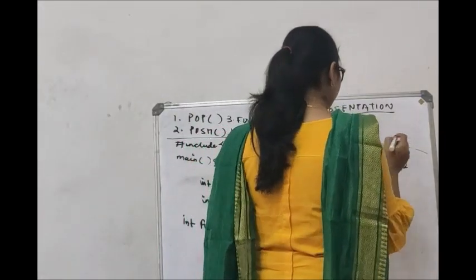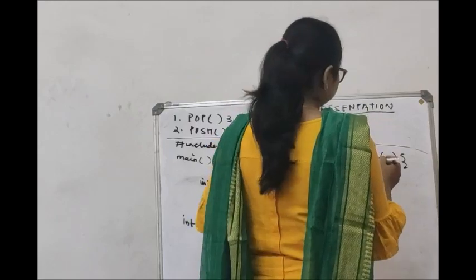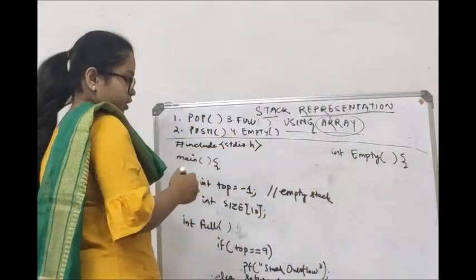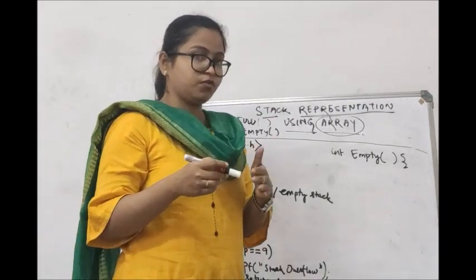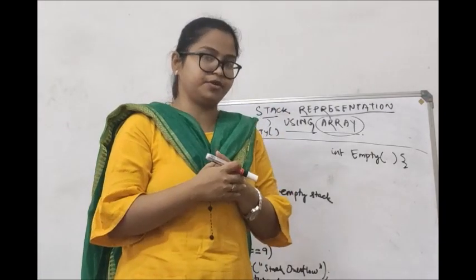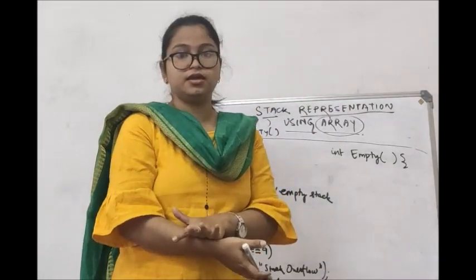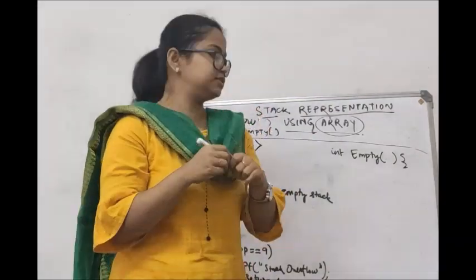Now for empty, we have to see whether top is -1. When is the stack empty? When top is -1, that is, no element is present inside the stack, then we say the stack is empty.